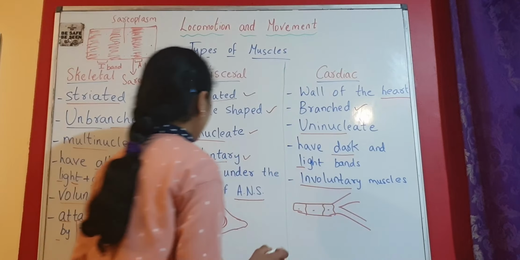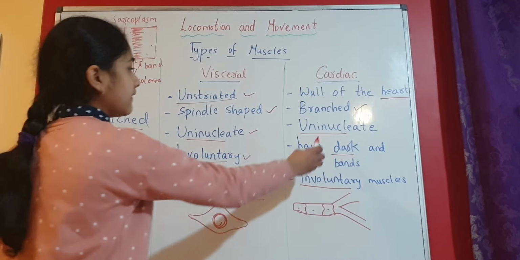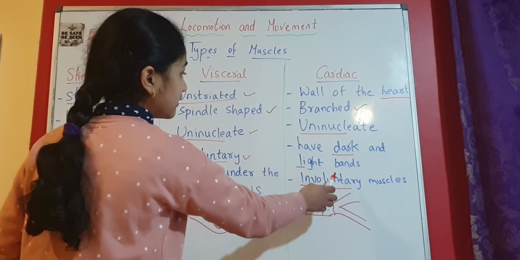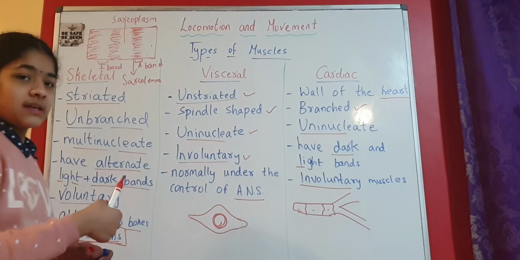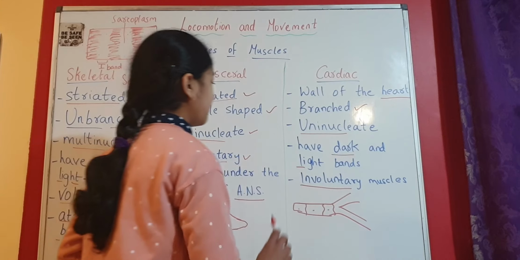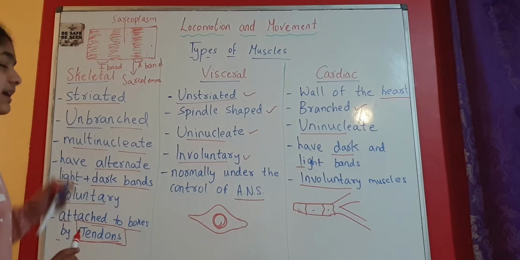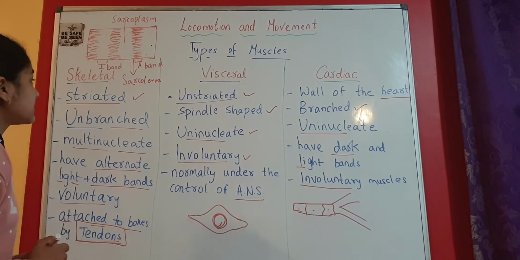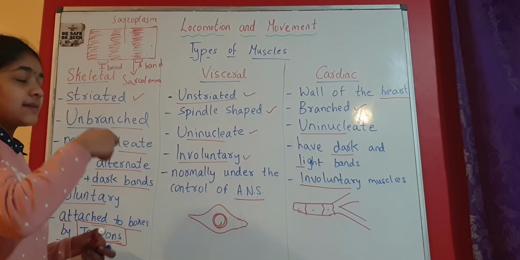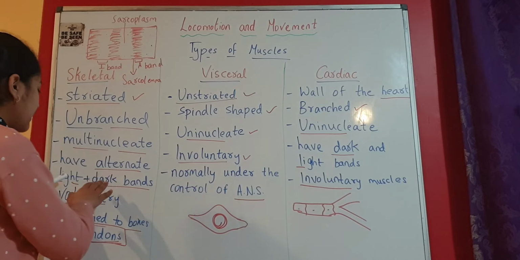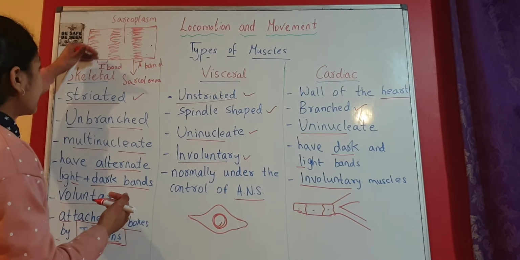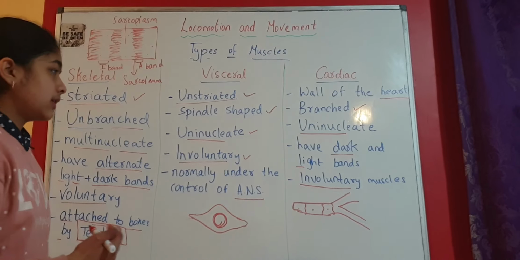So they are involuntary like visceral, and they are branched. They are striped. That means they have stripes. They have dark and light bands like skeletal muscles. So they are also striated. Striated means they have some striations, like dark and light bands.